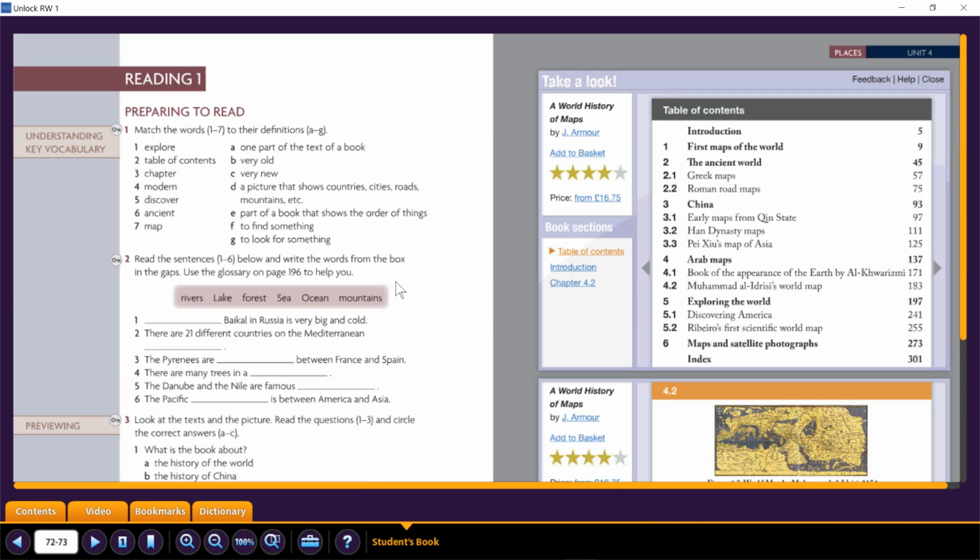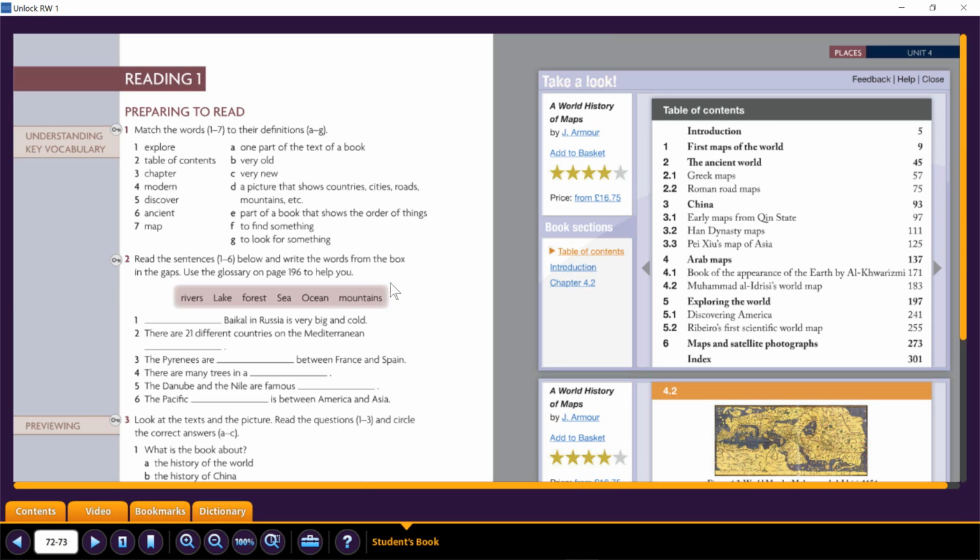Okay, task number 2. Read the sentences 1 to 6 below and write the words from the box in the gaps. Use the glossary on page number 196 to help you. Here, ladies, in this box we have rivers, lake, forest, sea, ocean, and mountains.